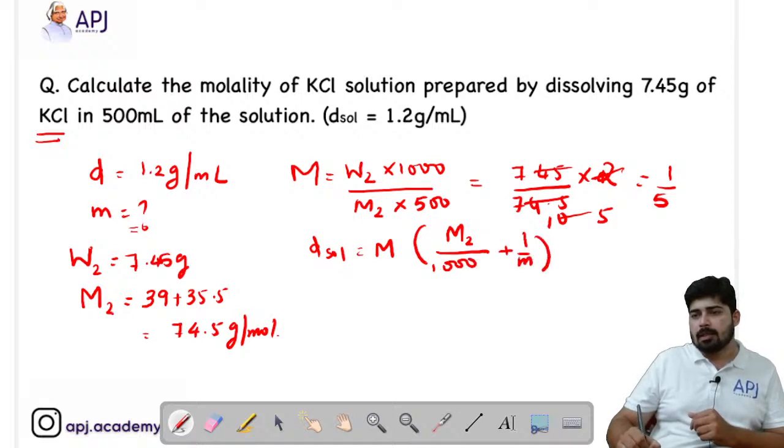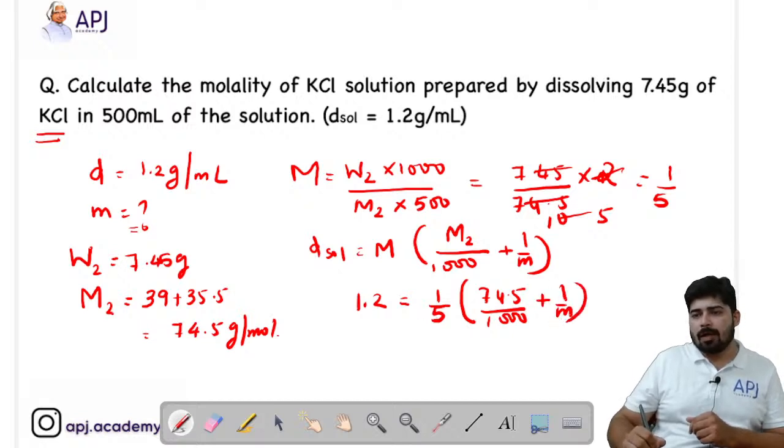Now just substitute the values we have. That is 1.2 equal to molarity, which we found as 1/5, into molar mass of solute, 74.5, divided by 1000 plus 1/m.